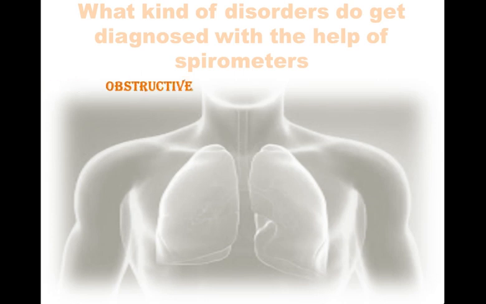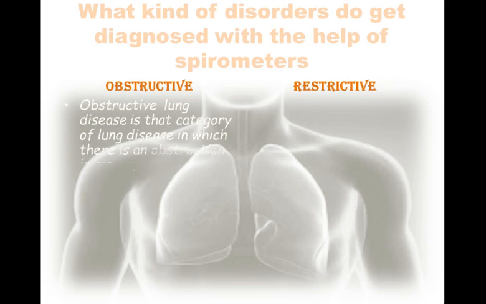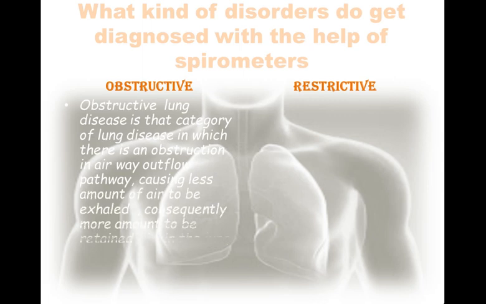First is known as obstructive and the other is known as restrictive. Now, what is the difference between these obstructive and restrictive lung disorders? In obstructive lung disorders, we find that there is an obstruction in airway outflow.